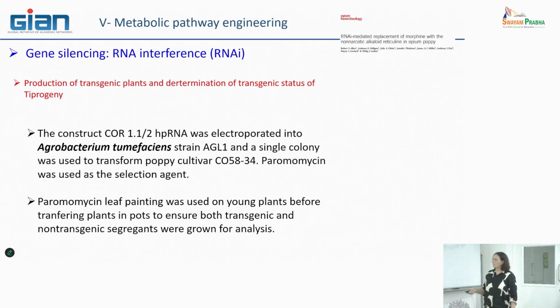So after that, they make the transformation of the plant in order to have some candidates. Yes, paromomycin is a selection gene encoding resistance to this antibiotic, in order to screen all the plants produced and keep those that are resistant to this particular antibiotic, okay?